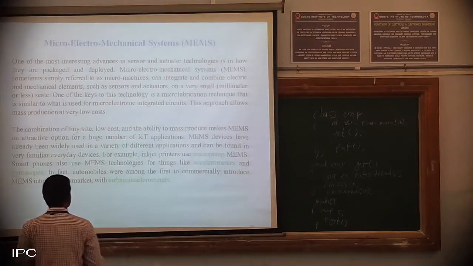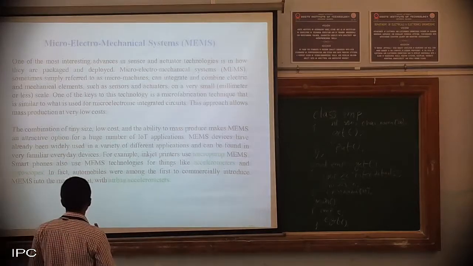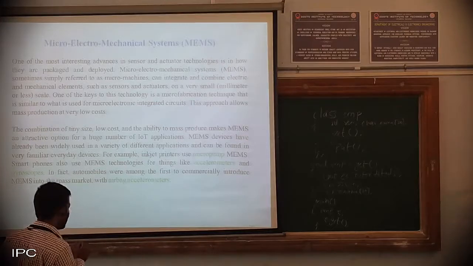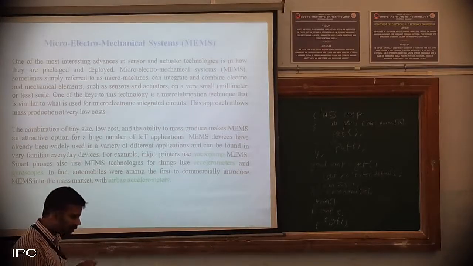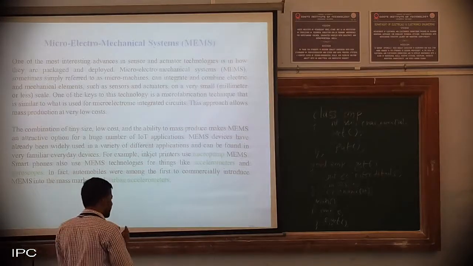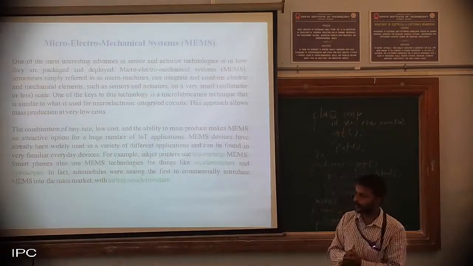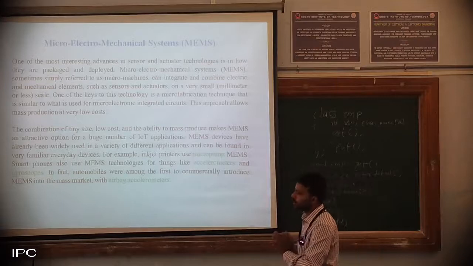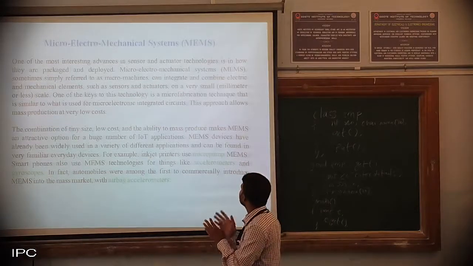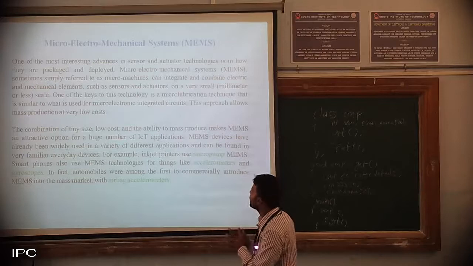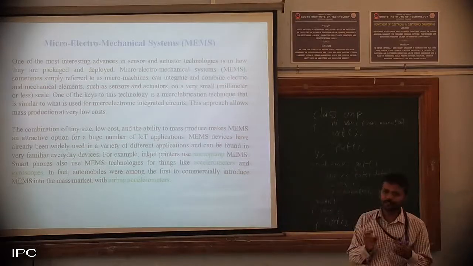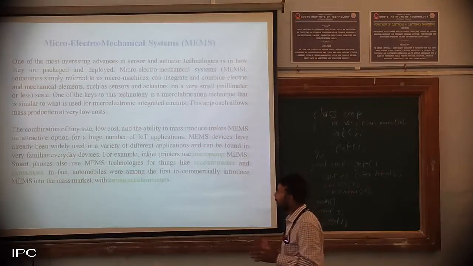Micro machines have sensors and actuators at the micro level. Micro sensors and micro actuators are used in this. That is MEMS, the micro electromechanical machines, or simply micro machines.